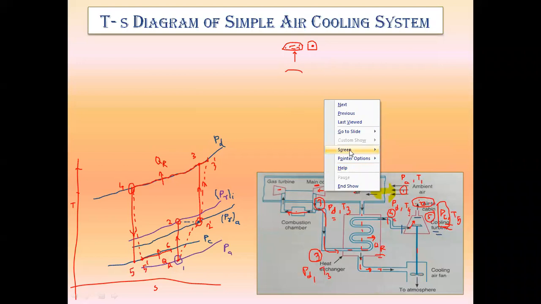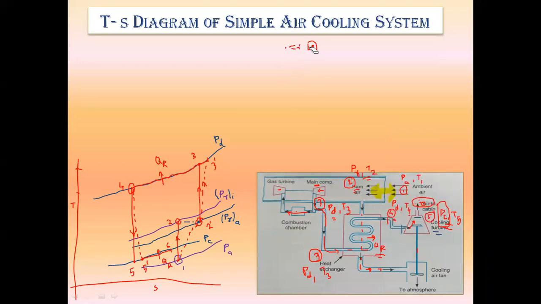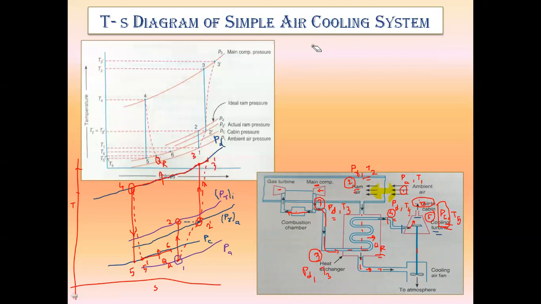Now, I will show the TS diagram on the chart. So the actual TS diagram will be likewise, similar to the one we have drawn. This is the ambient air pressure. Here, the 1 to 2 line indicates the ideal ramming process.